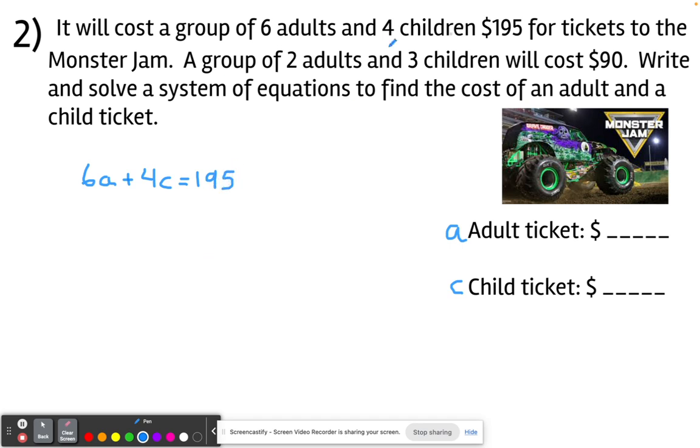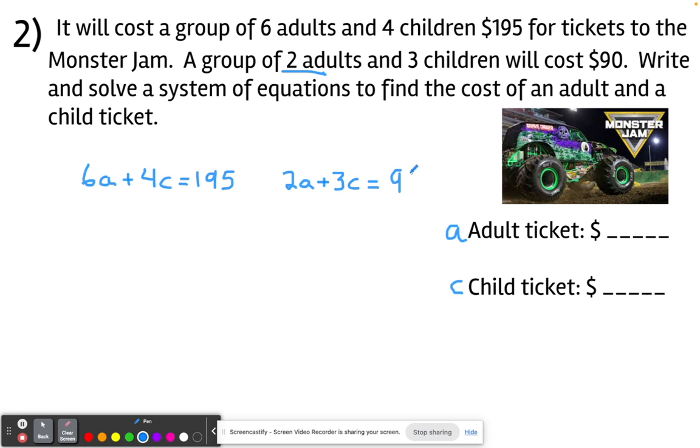It also tells me that 2 adult tickets and 3 child tickets cost a total of $90.